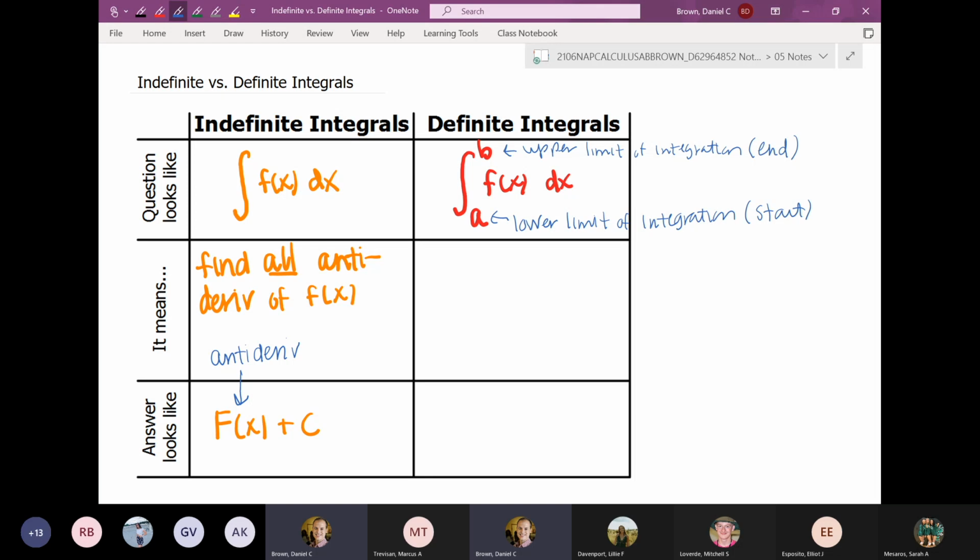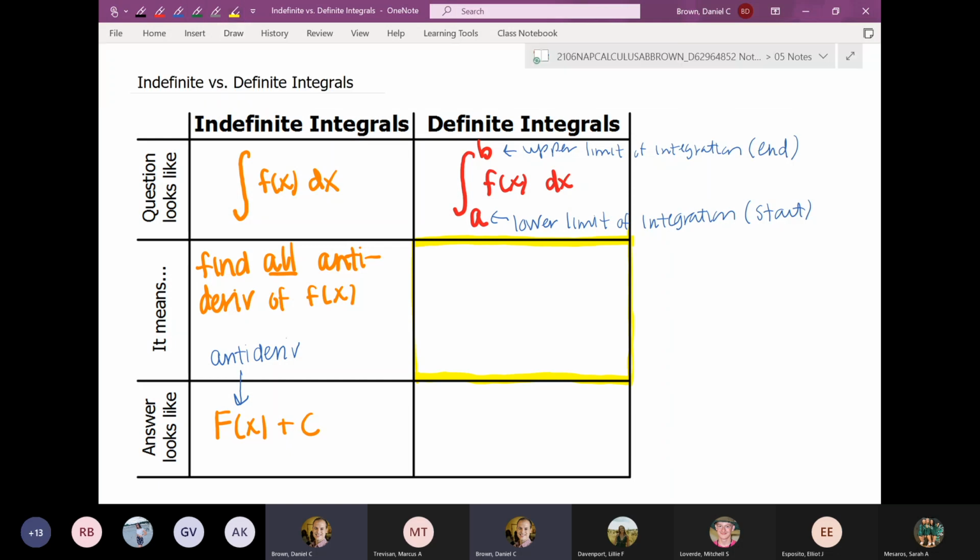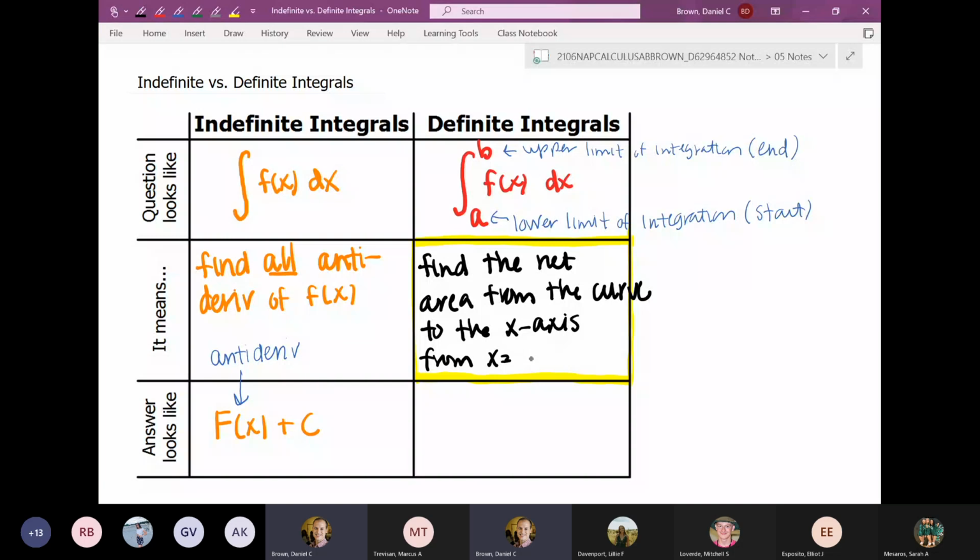And so then what does this represent? This is the big idea, probably one of the most important things that we'll connect this to for this semester. We're going to describe that the definite integral is asking you to find the net area from the curve to the x-axis from x equals a to x equals b.